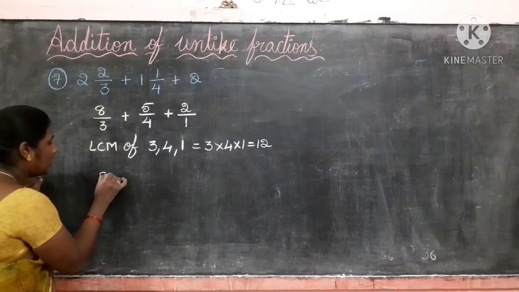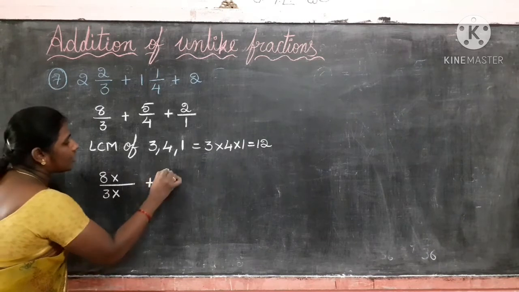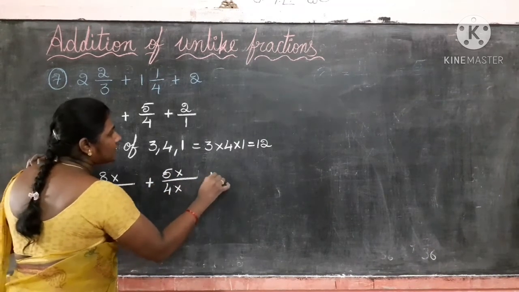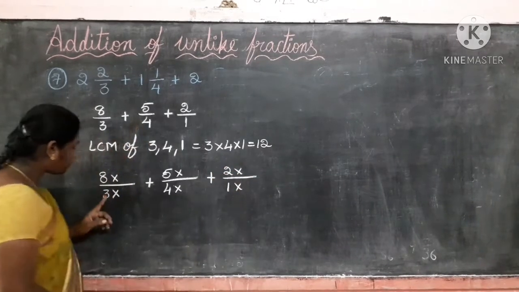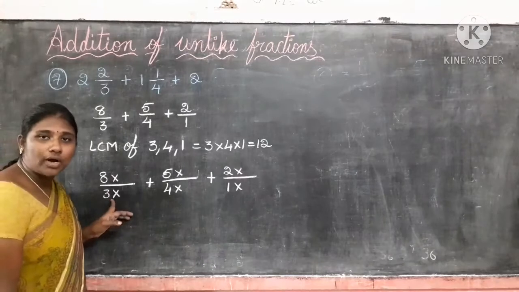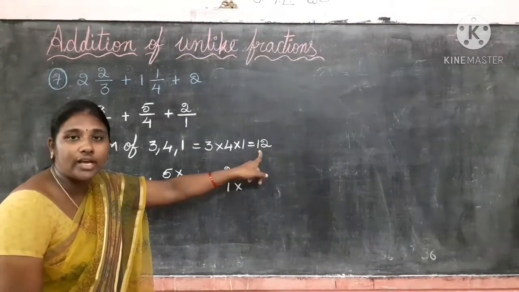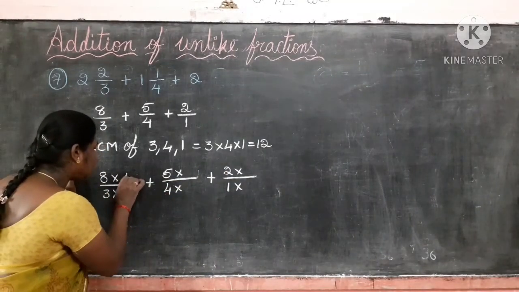First fraction 8 by 3 plus second fraction 5 by 4 plus third one 2 by 1. In the first fraction what is the denominator? 3. In this 3 table this 12 how many times? 3 4s are 12. So both we have to multiply with 4.